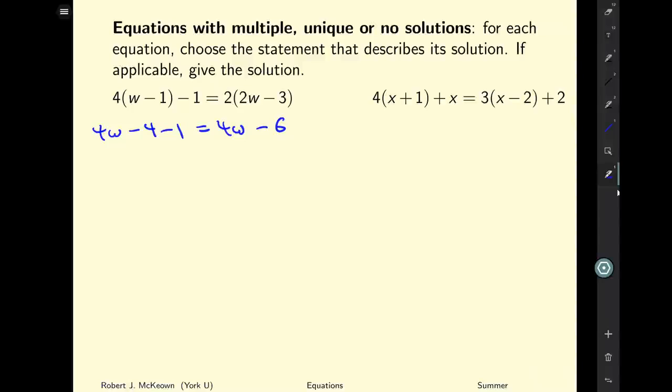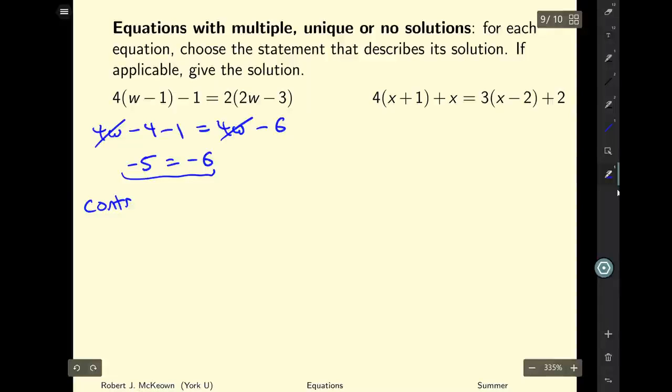Now notice if I subtract 4w off both sides of the equation, they're just going to cancel each other out, or more specifically, they're going to sum to 0. Now I've got minus 5 is equal to minus 6. Well, I know that can't be true, so unless I've made a mistake, this is a contradiction. And there is no solution.